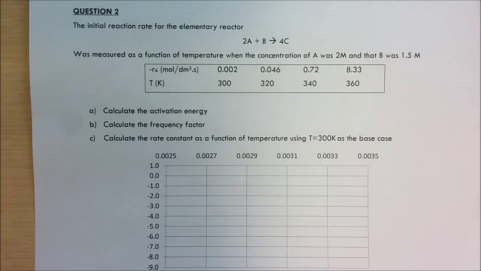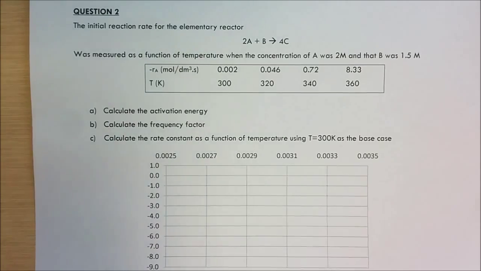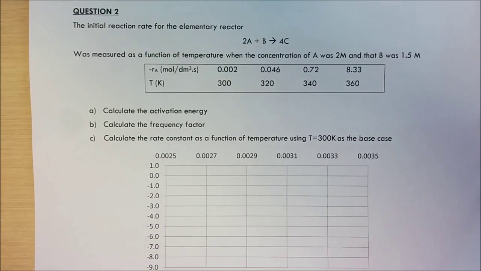We also have information of the rate of the reaction of A at different temperatures. So the question is to calculate the activation energy, the frequency factor, and also to find the rate constant as a function of temperature using temperature of 300 Kelvin as the base case.